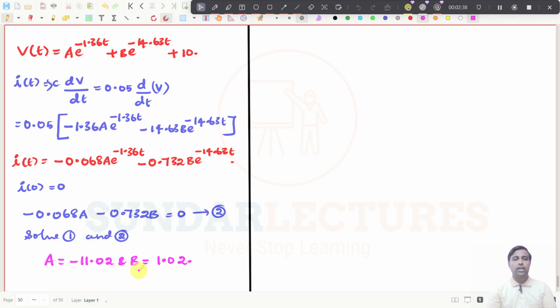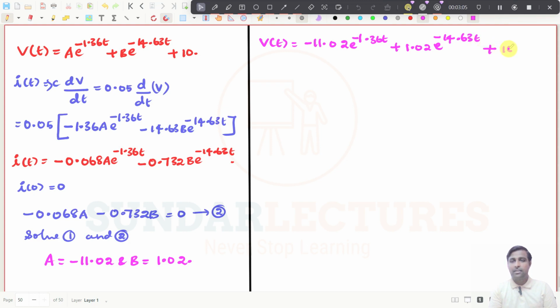Now we know both a and b, so it will be very easy to get the value of v of t. So v of t can be written as, instead of a, you put minus 11.02 e power minus 1.36t, and then plus 1.02 e power minus 14.63t plus 10, right? This is the value.